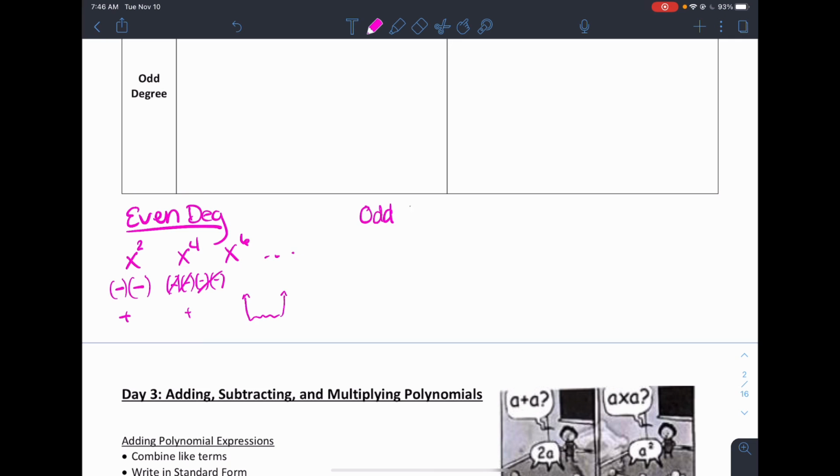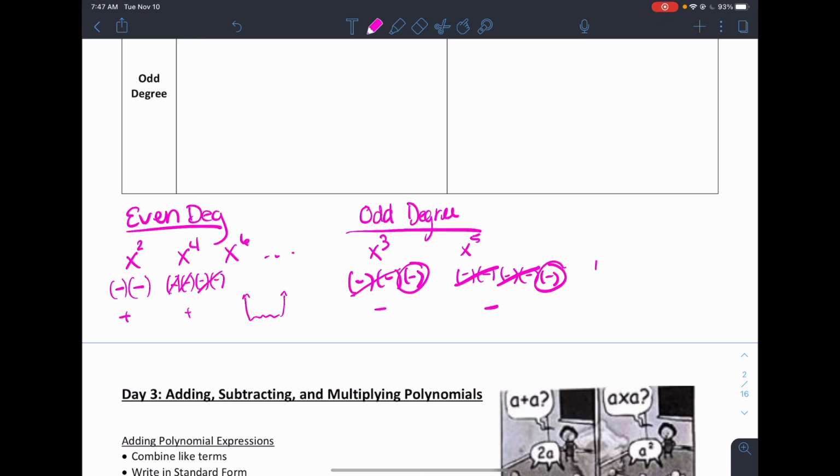If I have an odd degree, so I have x to the third, let's say, these two negatives cancel out, and I still have one negative left over. We can imagine this repeating itself. If I had x to the fifth, these two cancel out, these two cancel out, I still have that one left over, so it's negative.